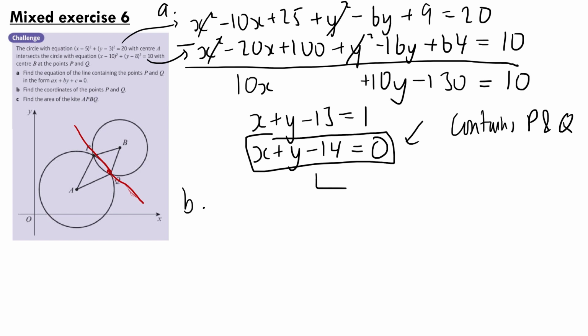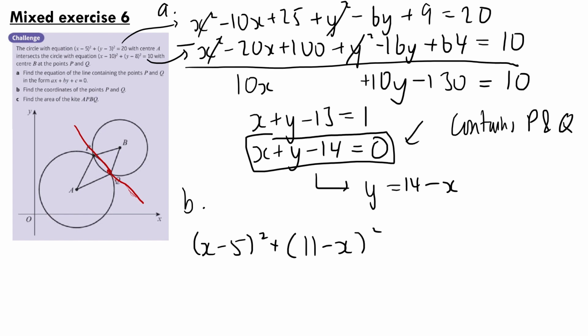If we rearrange this equation, we get y = 14 - x. Plugging that into the first circle equation, we have (x - 5)² + (y - 3)², so that's (14 - x - 3), or (11 - x)², equal to 20.